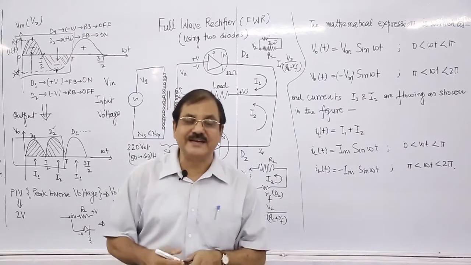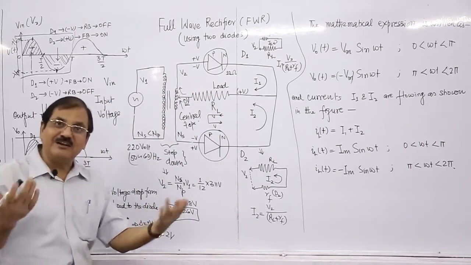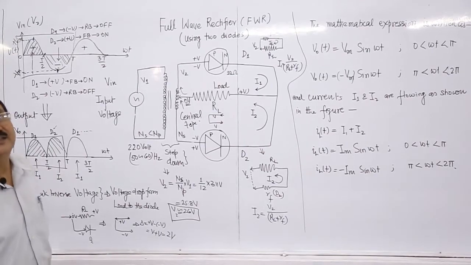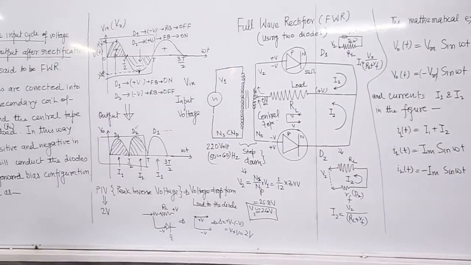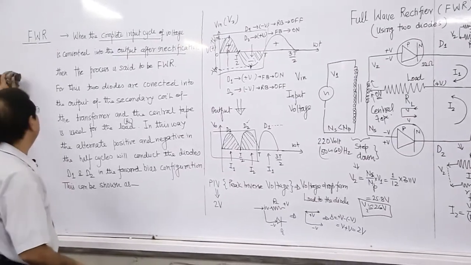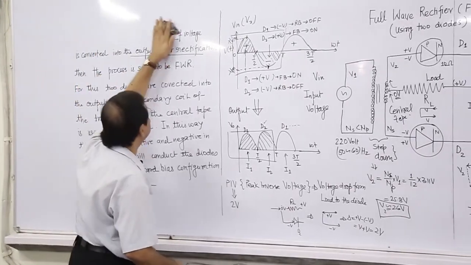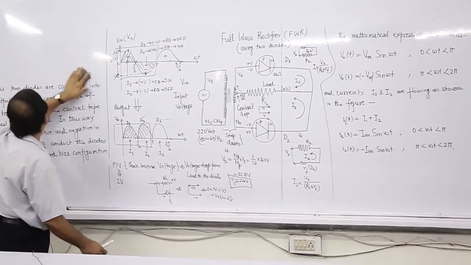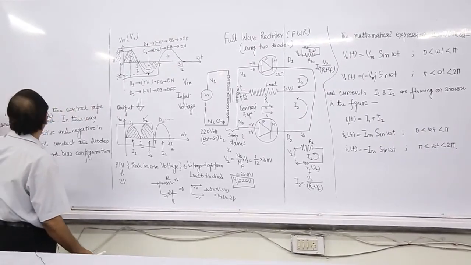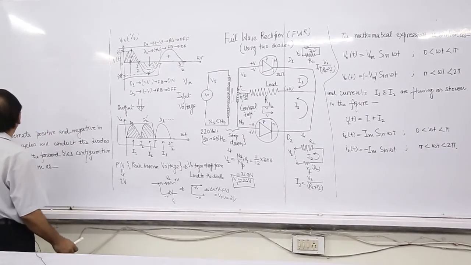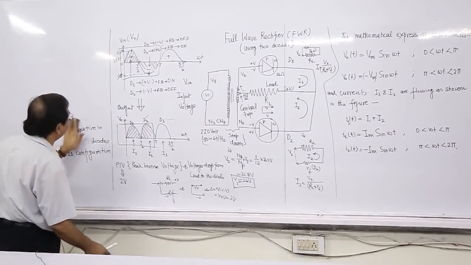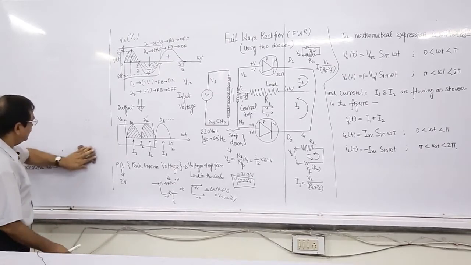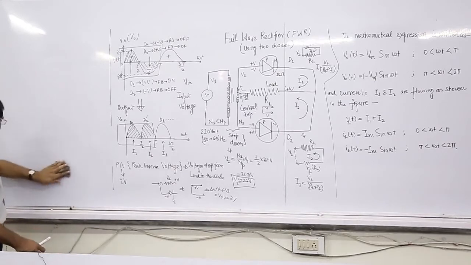Now, from this current we can calculate the other important current parameters, that is the average current, and there are two types: IDC and RMS.